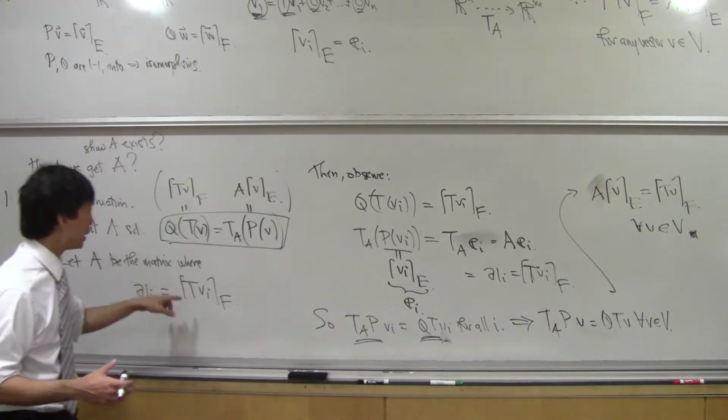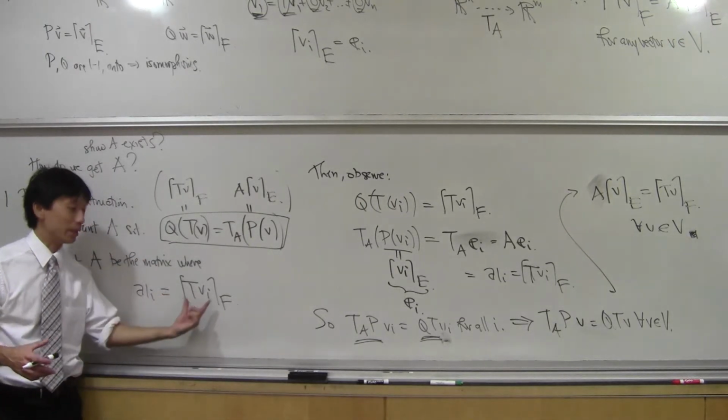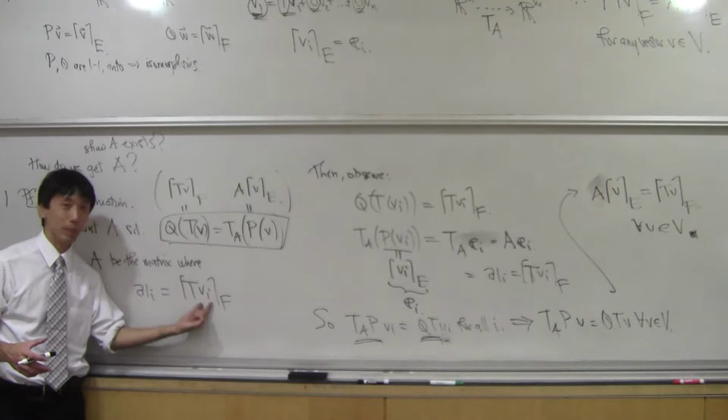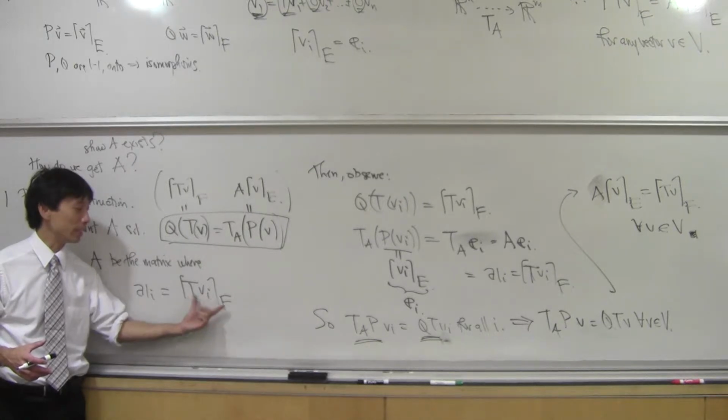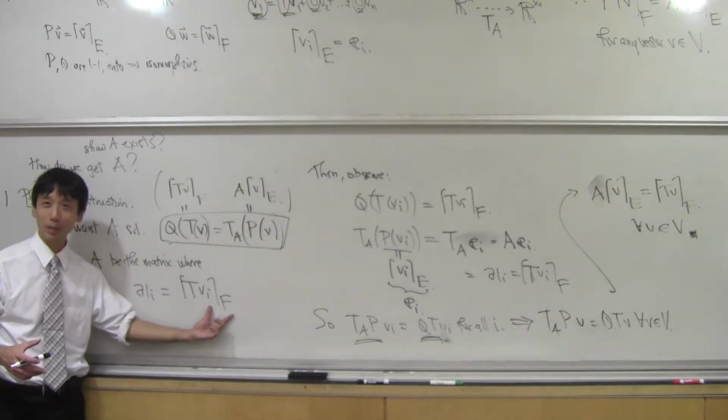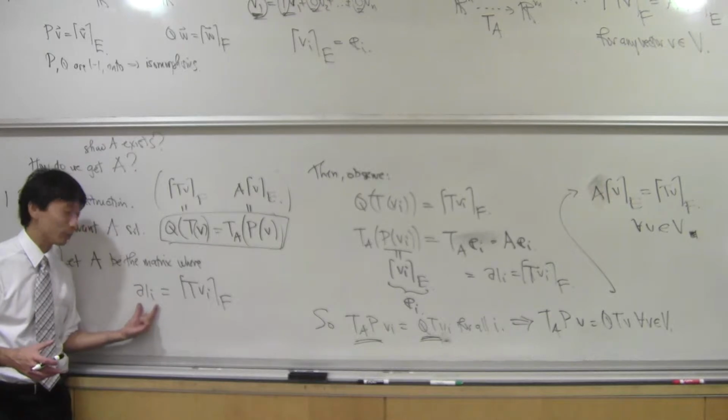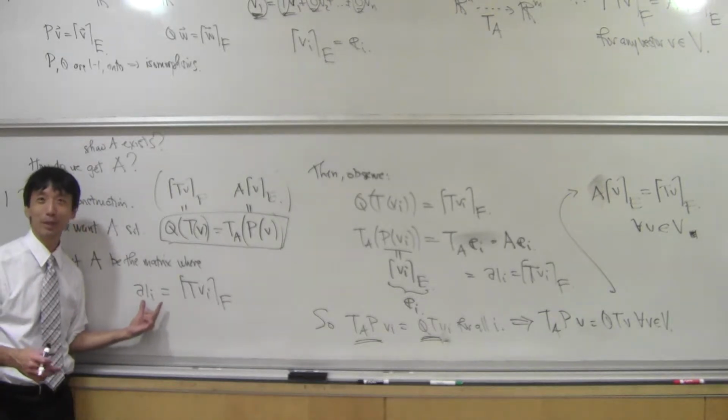The way you construct it is by taking the elements of your basis in your domain, mapping them through the transformation, and taking the coordinate vector with respect to the second basis and using those as the columns of your matrix. Okay.